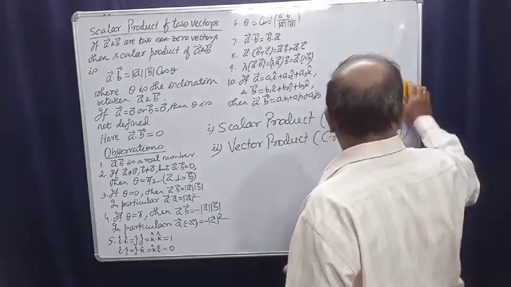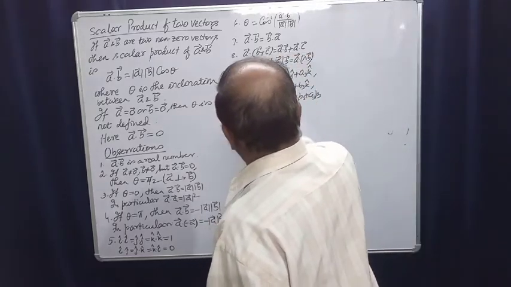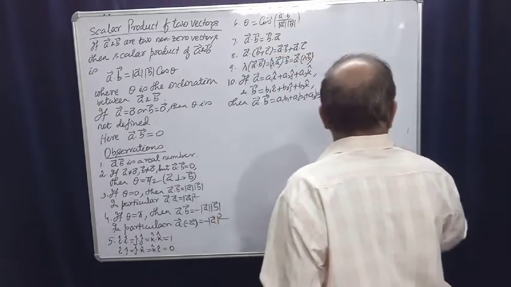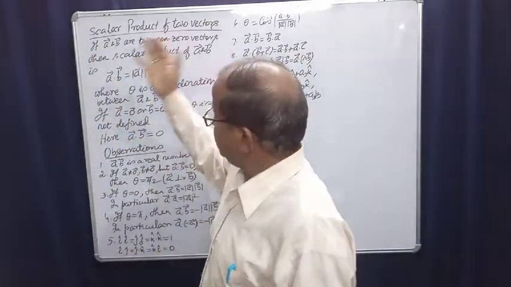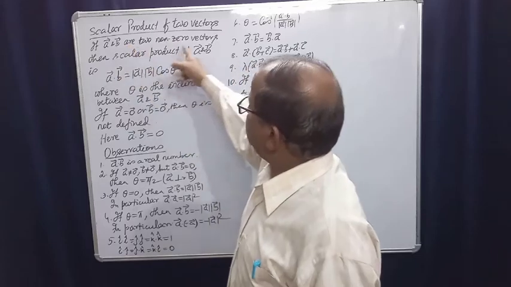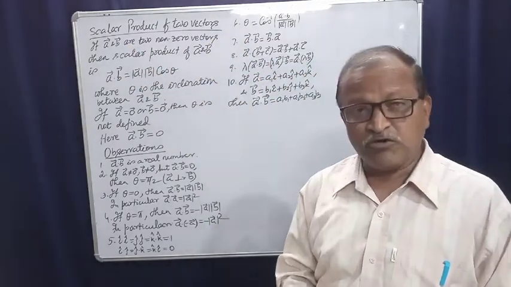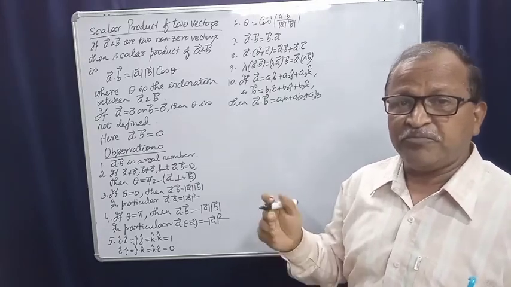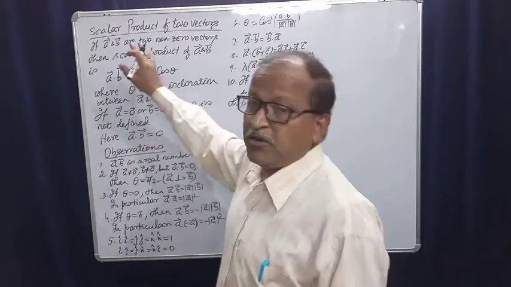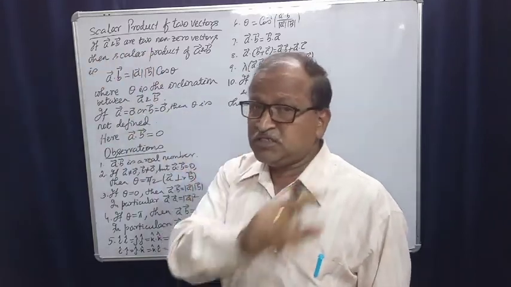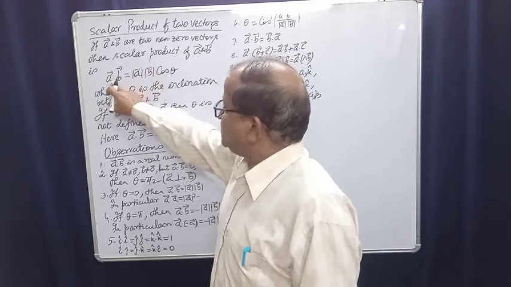What is scalar product? Why is it called scalar product? Scalar product of two vectors is defined like this. If A and B are two non-zero vectors, then their scalar product is defined like this.